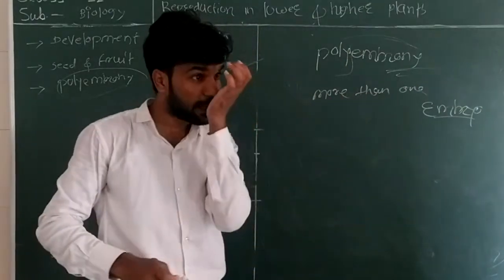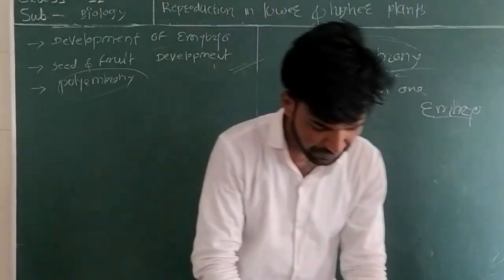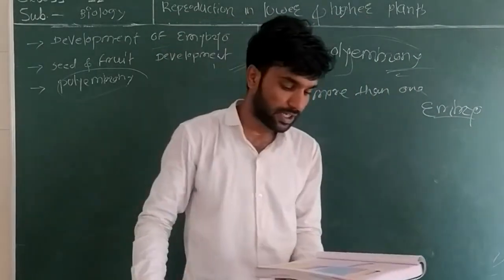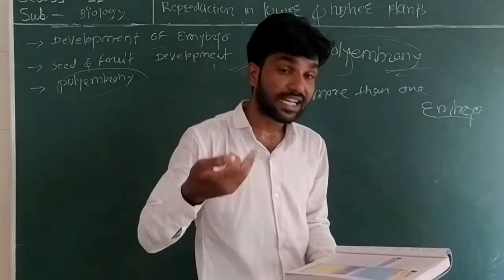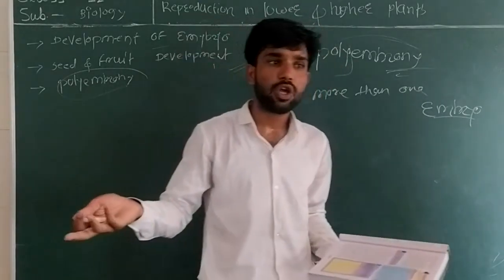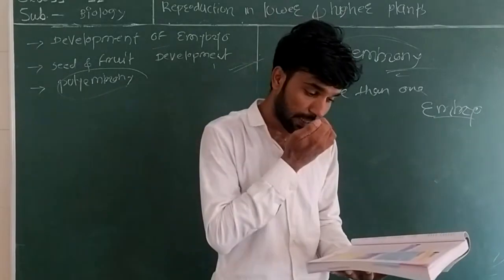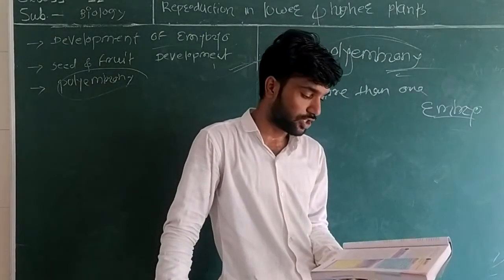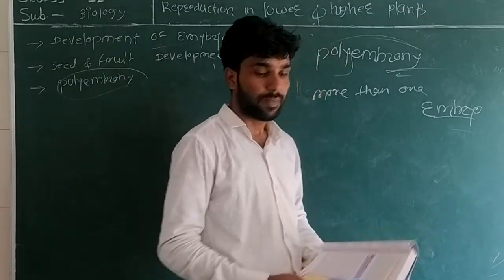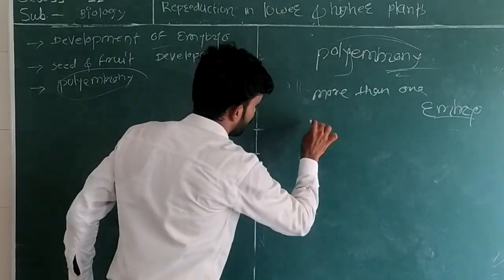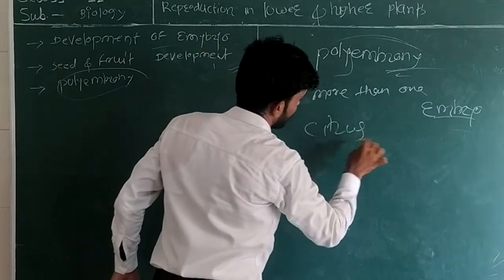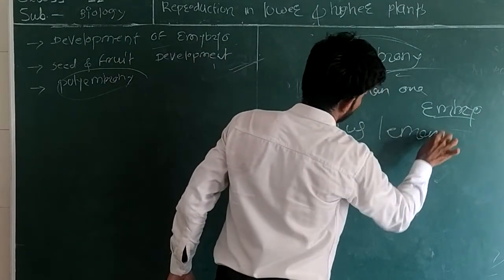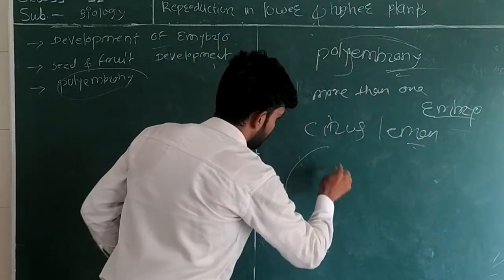It is the development of more than one embryo inside the seed, and the condition is known as polyembryony. It was discovered by the scientist Leeuwenhoek in the 17th century, in 1719, in the seed of lemon. Lemon is a very good example.